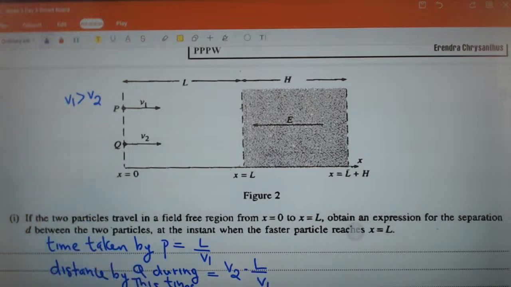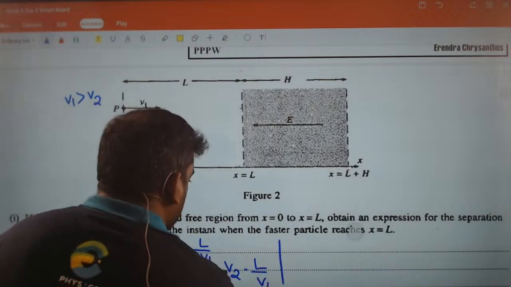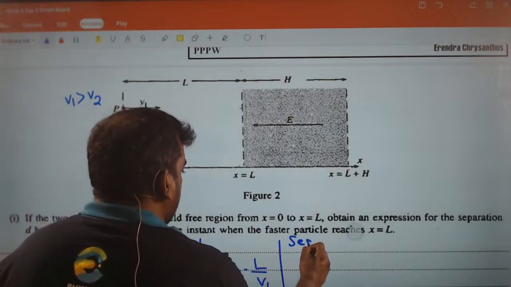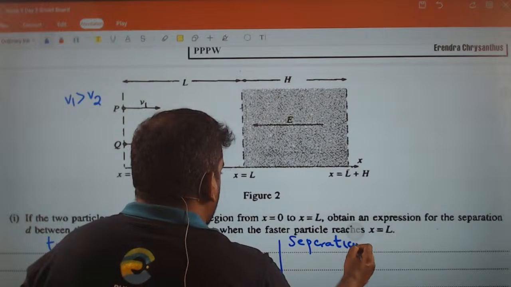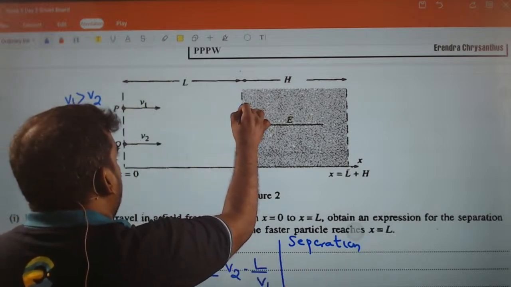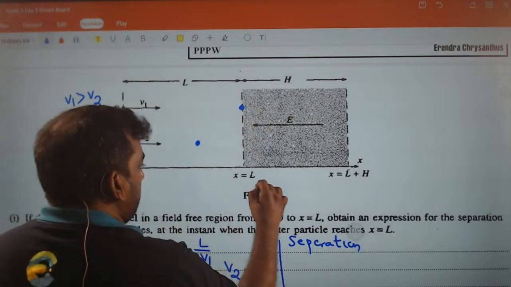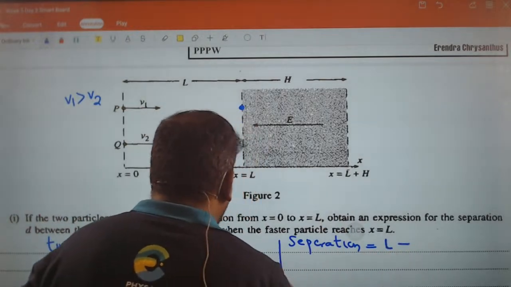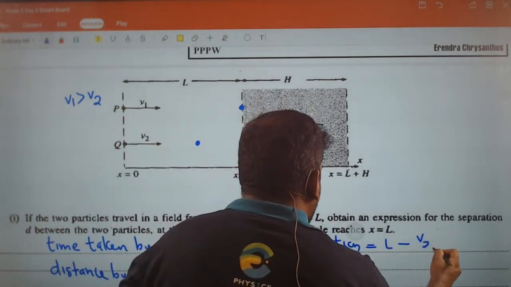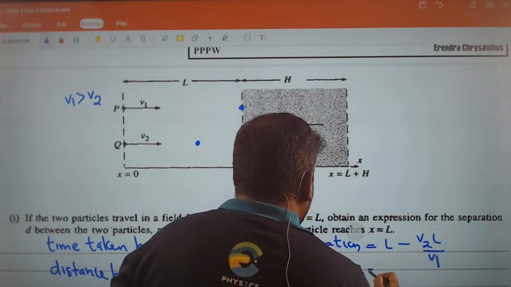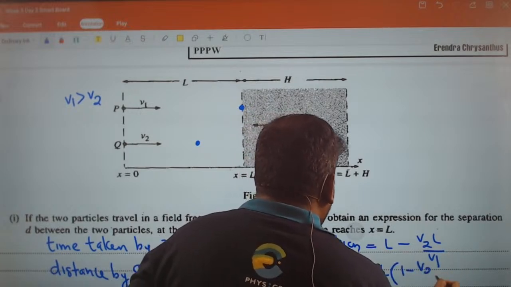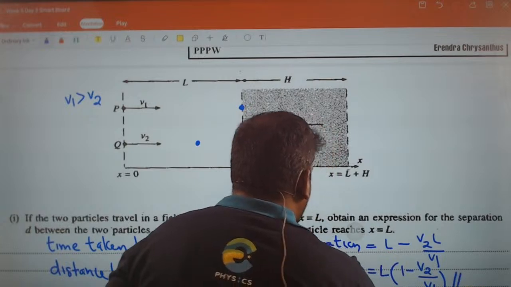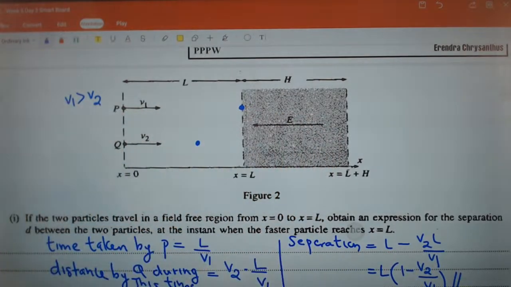Then you can find the separation. P is already here, Q is already there. Separation is L minus V2L divided by V1. Take L out: L times (1 minus V2 over V1). Separation can be easily found.